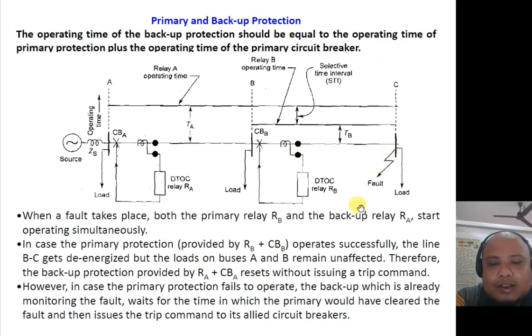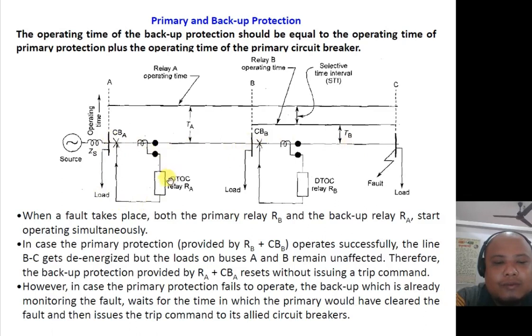Fault is still there in the circuit, fault current is still flowing. In case this fails to operate, then because they are already in operation, they started simultaneously, right? So after some time, because fault current is still flowing, it will send the trip command to the circuit breaker.